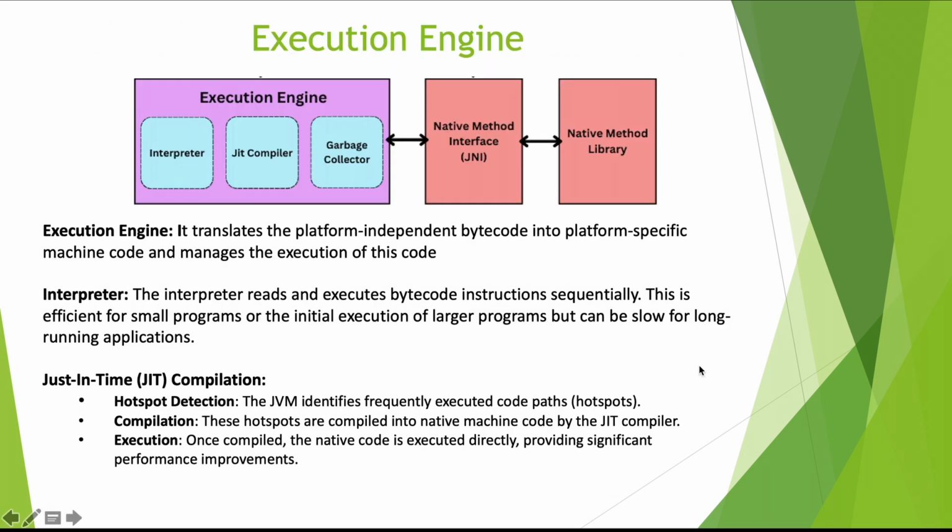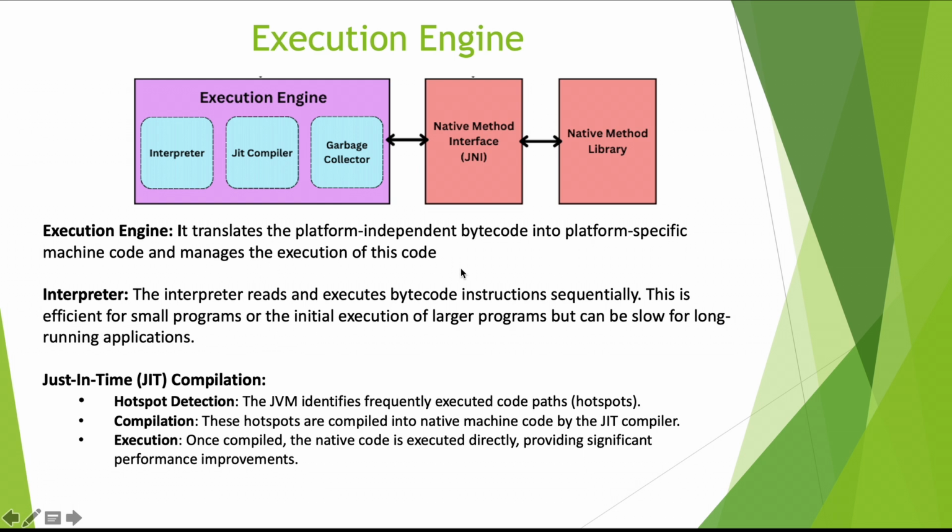Now let's see the execution engine. As you can see in this diagram, the execution engine has three major sections: interpreter, JIT compiler, and garbage collector. The execution engine translates the platform independent bytecode, which is our class file, into platform specific machine code and manages the execution of this code.